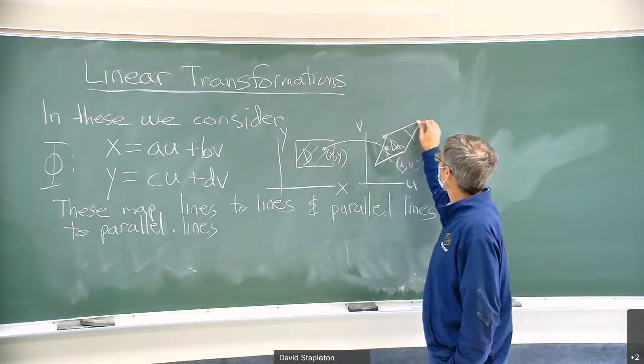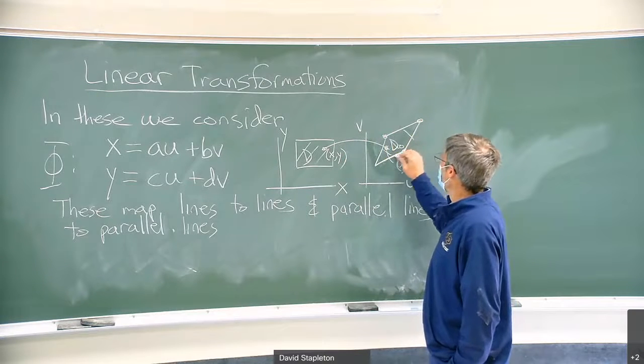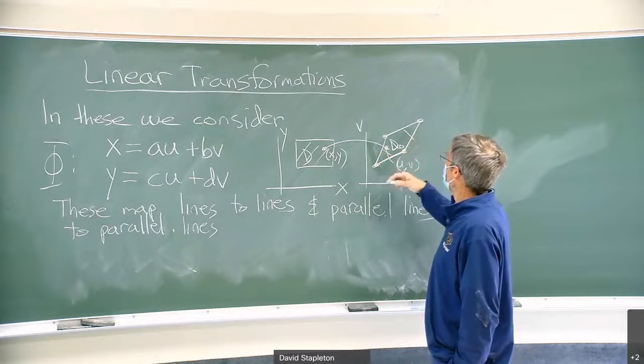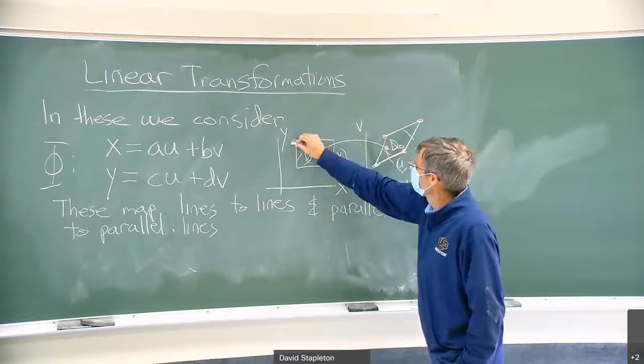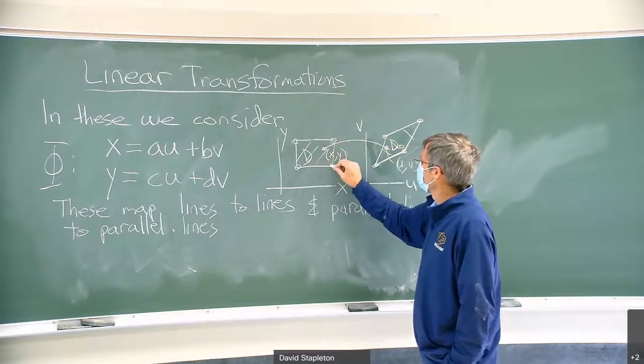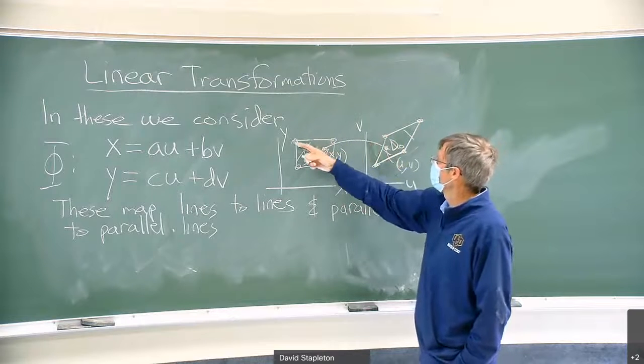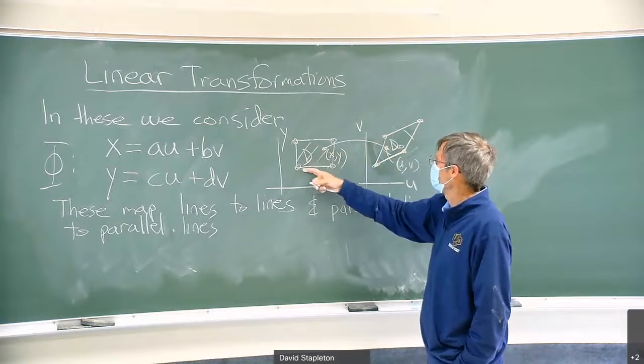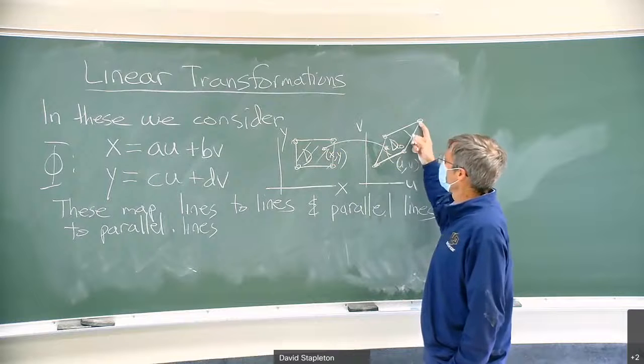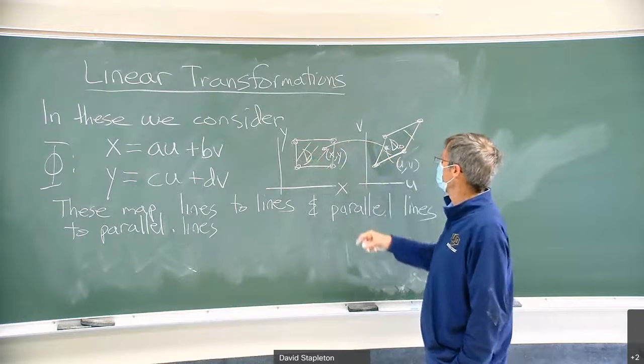So each one of these points in UV space is mapped to another point in XY space. Because the transformation is linear, a line here maps to a line here, and so the boundary of lines will map to a boundary of lines here.